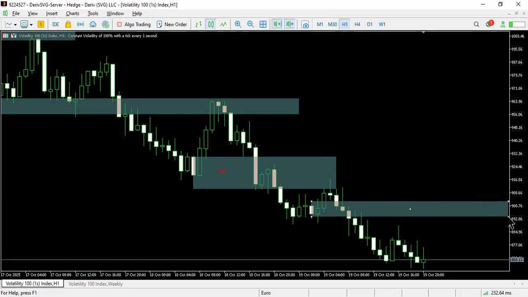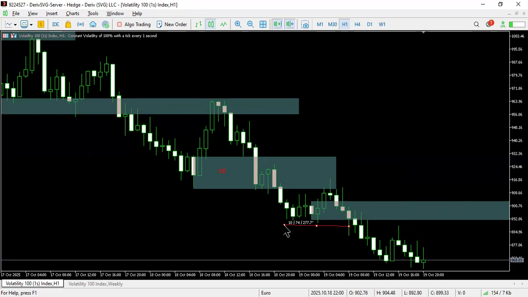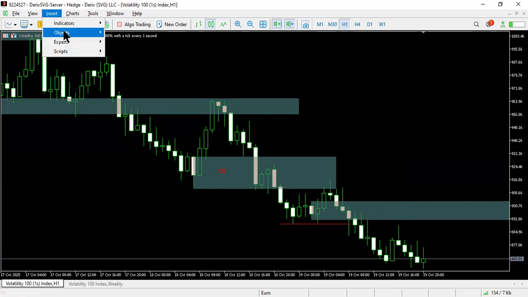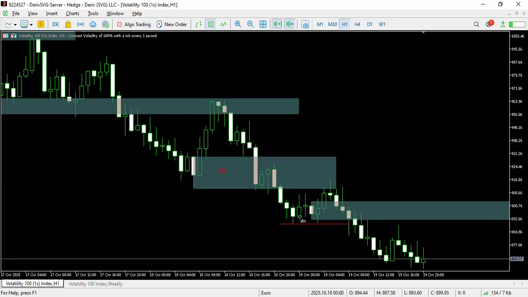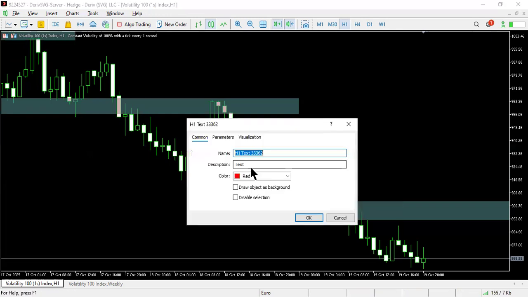So there is our recent break of structure. So we are going to be targeting that order block. That is a break of structure. That is our break of structure.